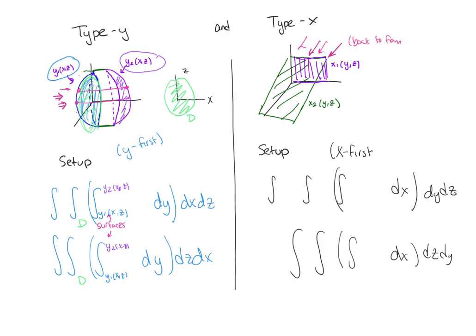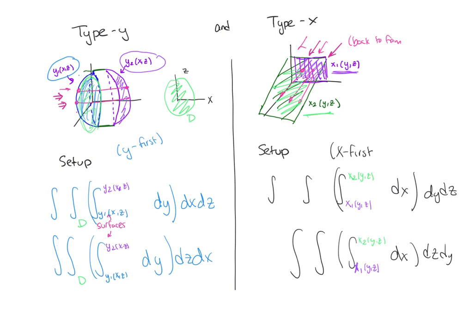That first surface I'm hitting is this purple surface, x equals some x1 of y and z. I move into my surface. So that's the back there. I'm moving forward, and I'm leaving along that green surface. And that green surface is x2 of y and z.